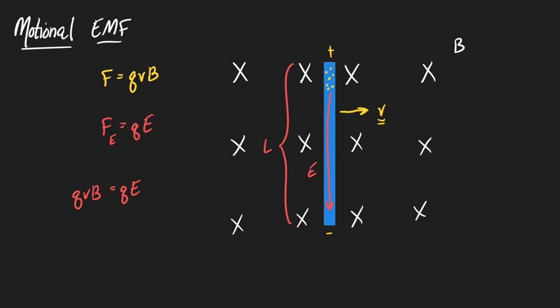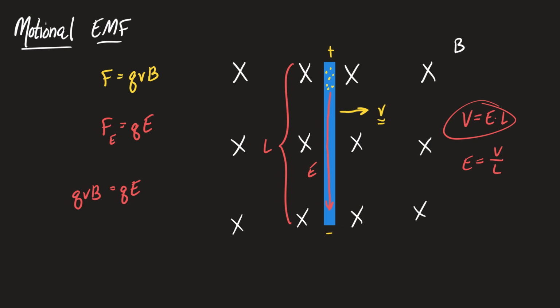Now, consider that the size of the bar kind of determines how much of those charges can be concentrated up there at the top. And if you think back to the relationship between potential difference and electric field, you should remember that the potential difference is the electric field times how much they're separated. So if we solve this for electric field, we'll get potential difference divided by the length of the bar.